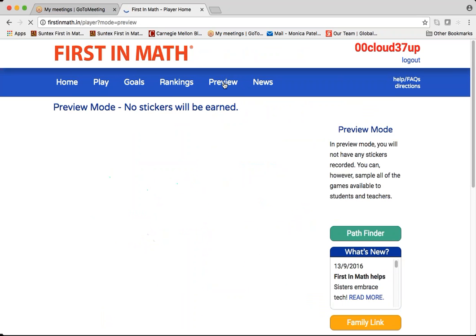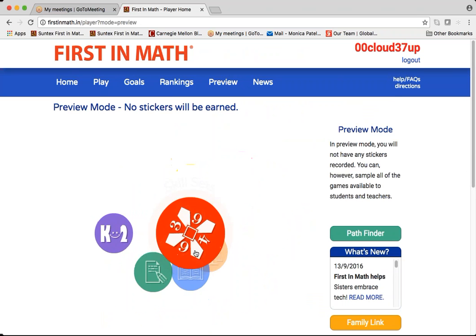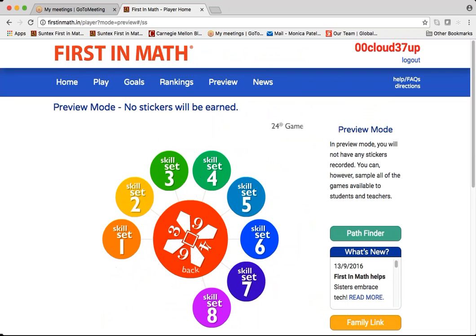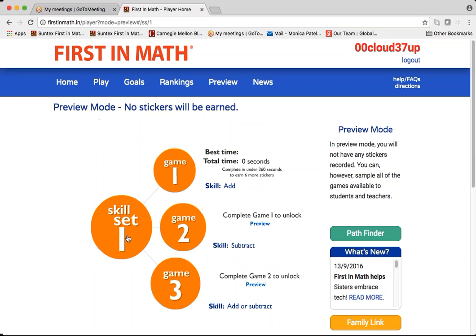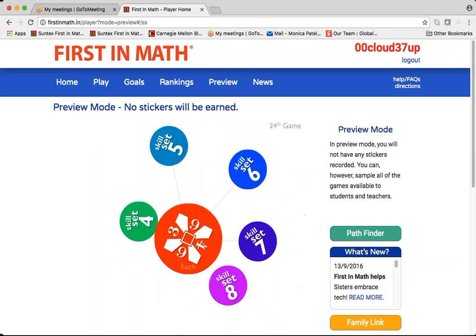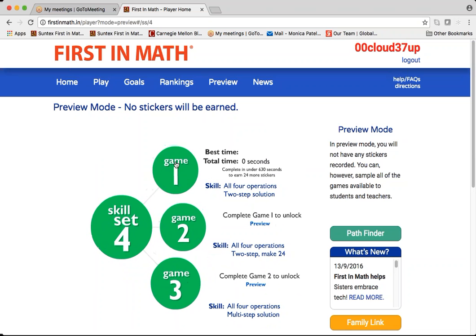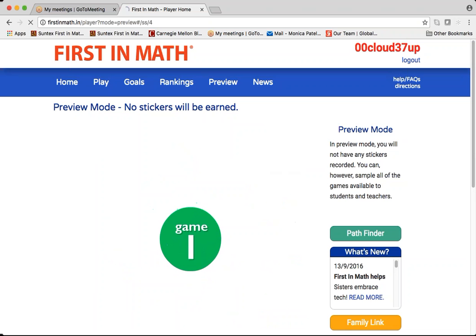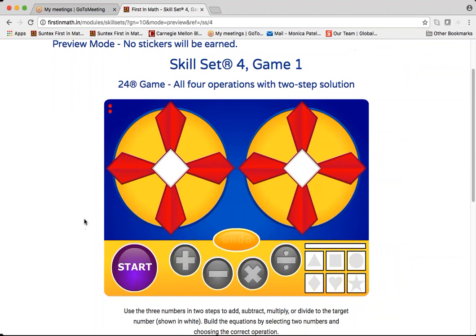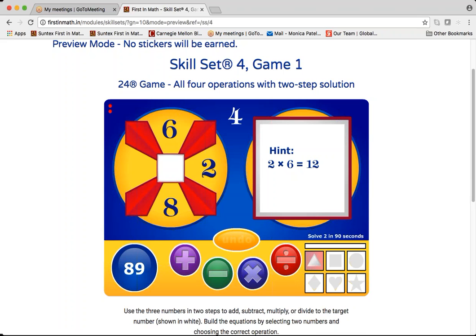Going back to preview, when you are showing skill sets, please make sure you show skill set. I feel that when we show skill set 1, game 1, we've shown them simple addition. Then skill set 4, game 1, allows us to show those hints that are provided. All right. It allows us to model this process.